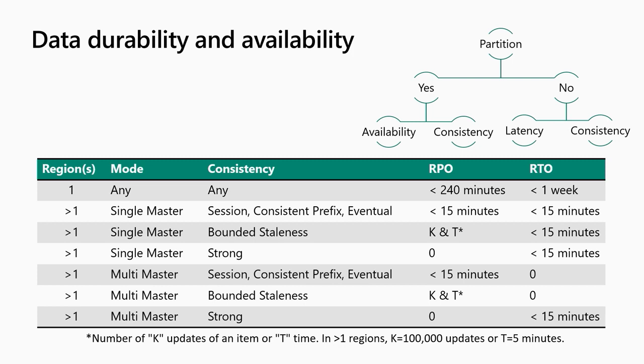When I'm choosing strong consistency, RPO 0. And in multi-master, when I'm choosing availability, RTO 0. I can't do both. CAP theorem says that's physically impossible.